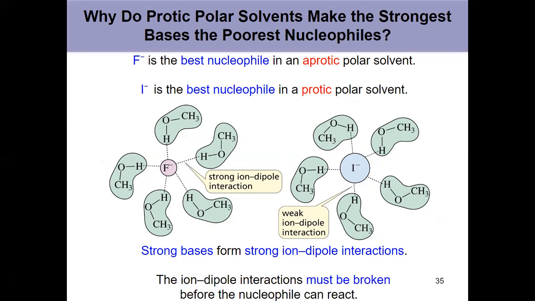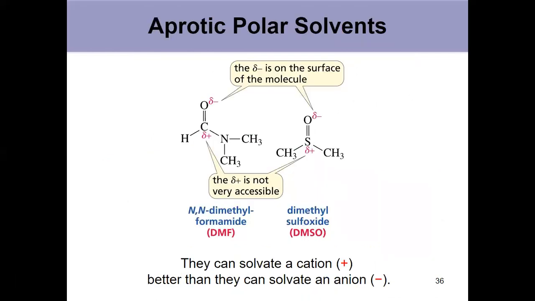However, if it's aprotic polar, then you don't have that interaction to worry about. So the stronger the base, the better the nucleophile. And looking at these aprotic polar solvents, they have delta negatives and delta positives, but they're not as large as they are with alcohols or water. It's just a polar difference, not like a hydrogen bond. So they don't shield those nucleophiles as much.